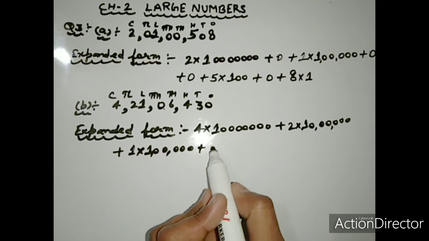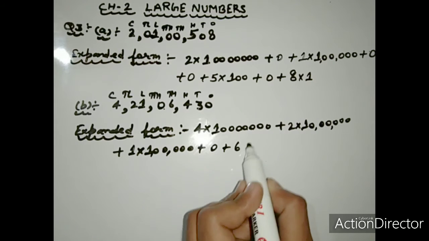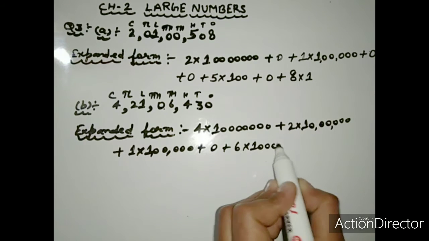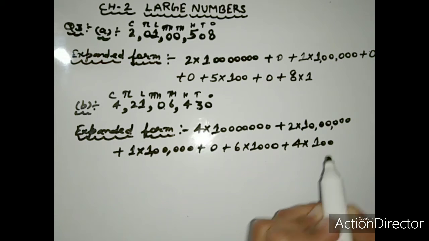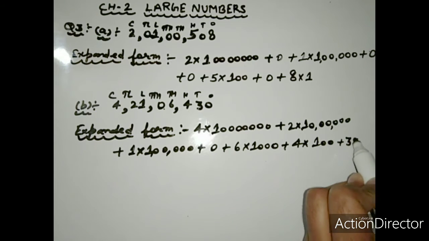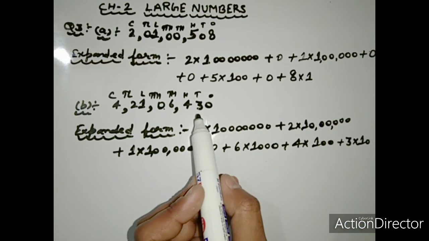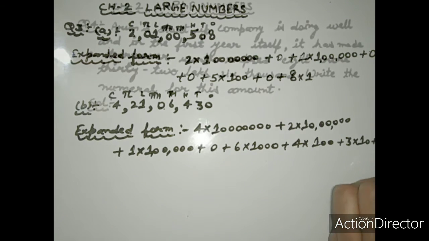Now 10,000 place 0. Now 6 in the thousand place, so here 6 multiply by 1000. 4 in the hundred place, so 4 multiply by 100, and 3 in the tens place, so here 3 multiply by 10, and ones place 0, so here we put 0.